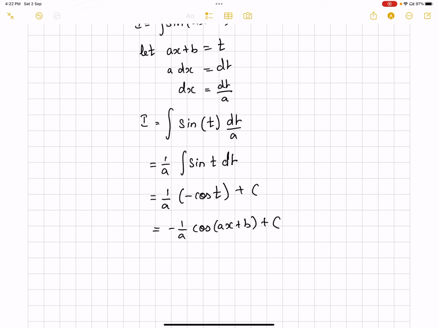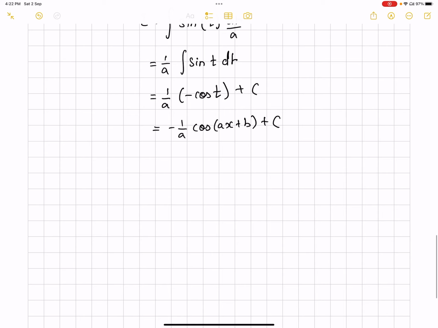So that's it. In the same way, the formula goes with e to the power ax plus b as well. Let me just write down the formulas, it would be helpful for you. Integral e to the power ax plus b dx is going to be equal to 1 by a e to the power ax plus b plus c.